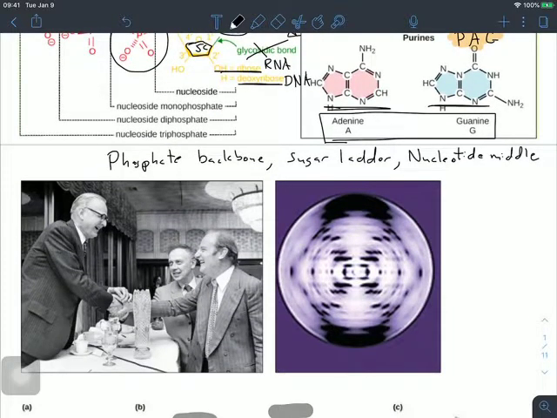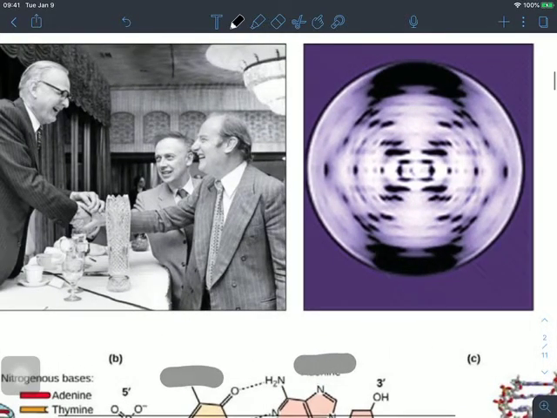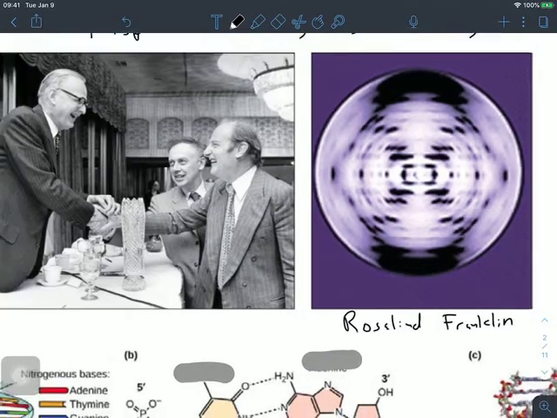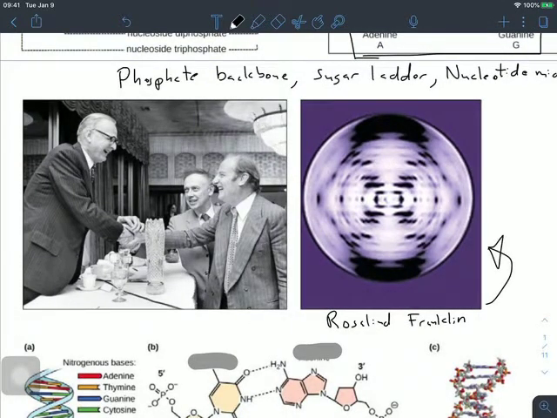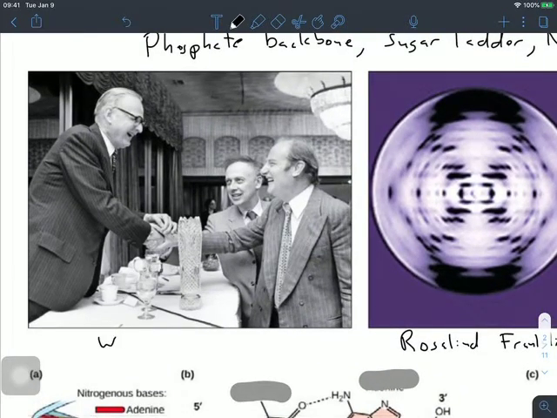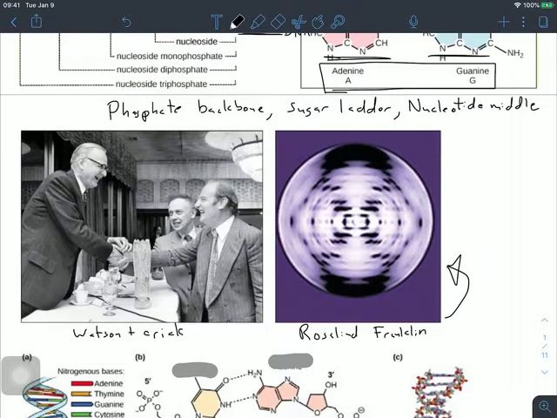To understand that, we had to wait for the revolutionary work of Rosalind Franklin, the female scientist who had the skill to actually take X-ray crystallography pictures of DNA, and this is what she saw, and then the 2 scientists, Watson and Crick, who would take a look at Rosalind's work, perhaps not with her permission, and deduce that DNA was actually a double helix.